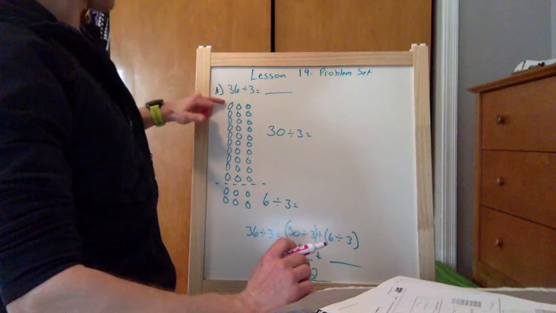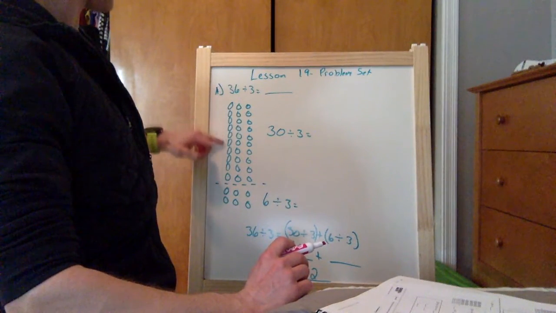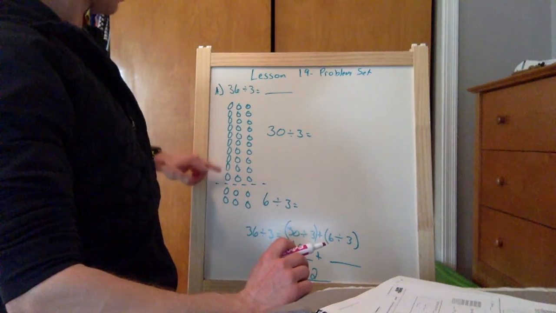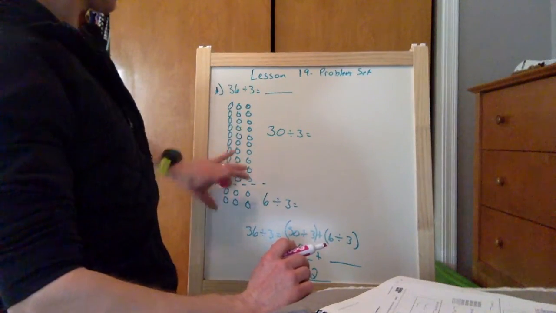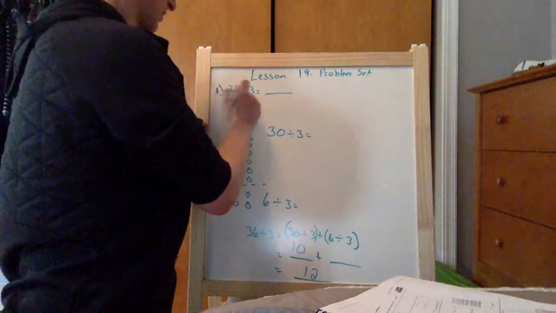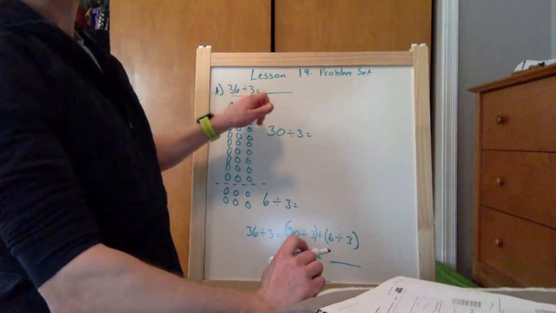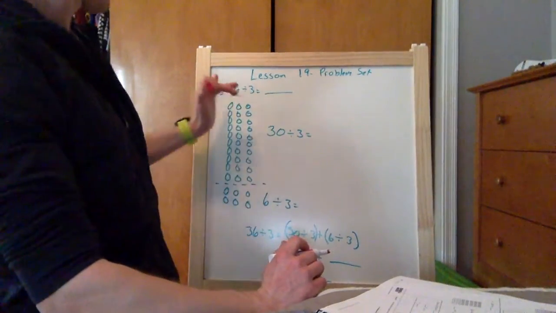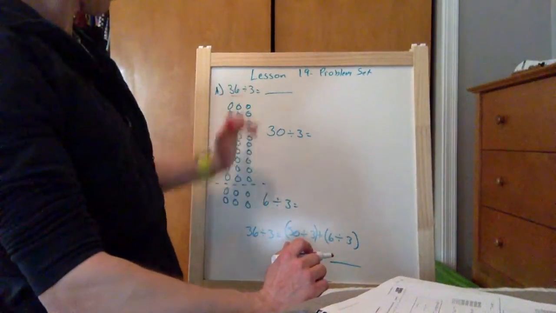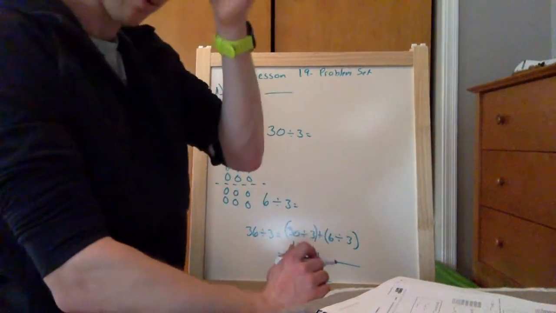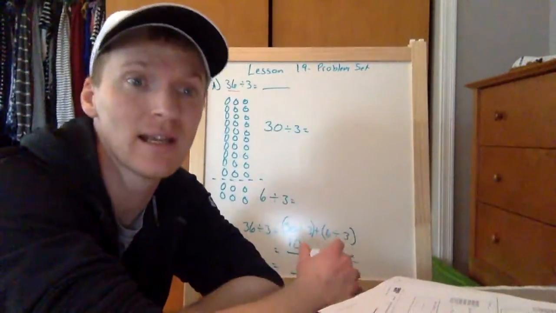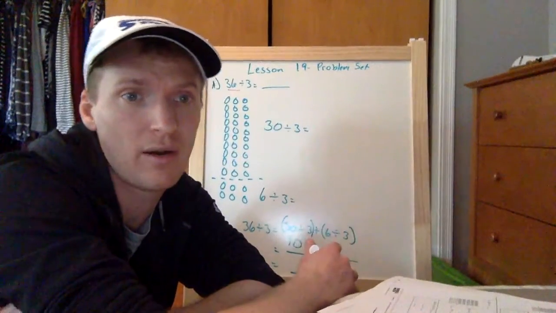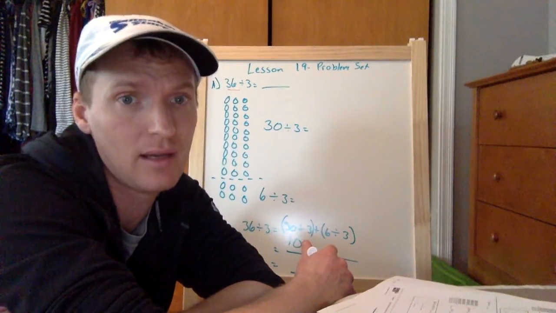I'll count them again, 3, 6, 9, 12, 15, 18, 21, 24, 27, 30, 33, 36. That's how many we have all together. And they divide it into 3 columns in this situation. 1, 2, 3. And all it's asking when we deal with arrays is how many rows there are.